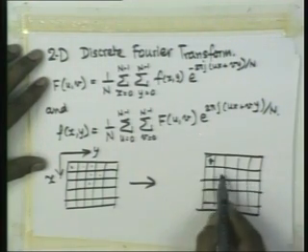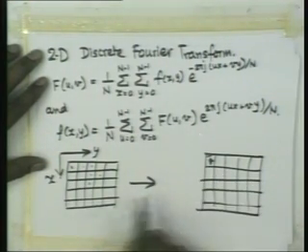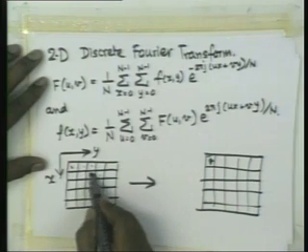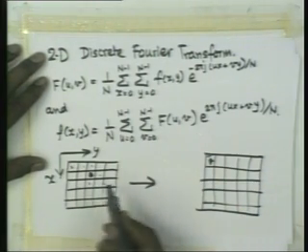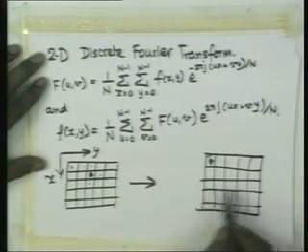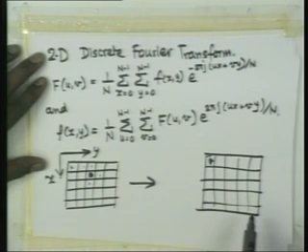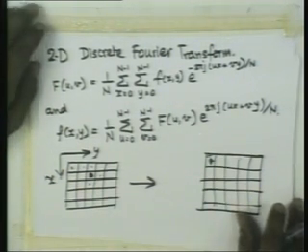And similarly, the other way around also, you can say that if you want to transform back and find out what the intensity here should be, it will depend on all the values in all the cells here. So it is a different type of approach. It is quite useful for doing some frequency domain filtering, high pass filtering which increases sharpness, or low pass filtering which smooths the image. That kind of thing can be done in the frequency domain.